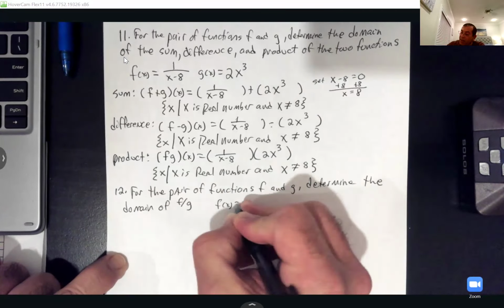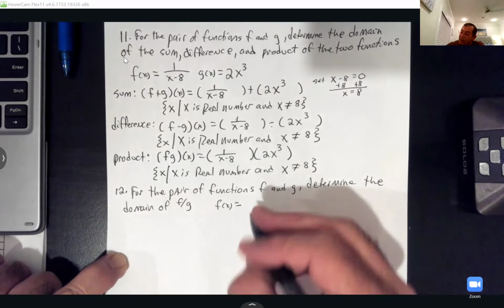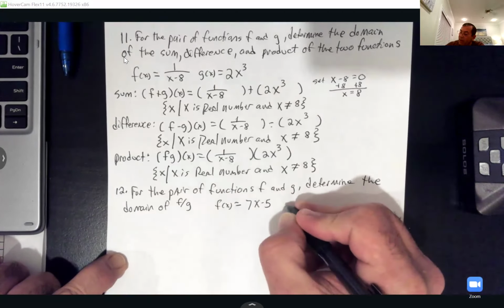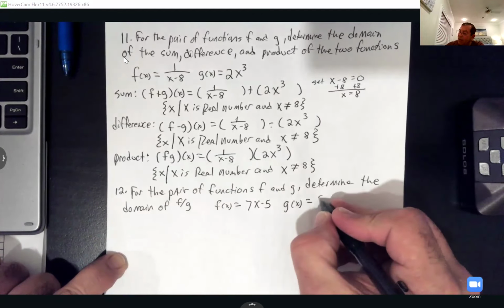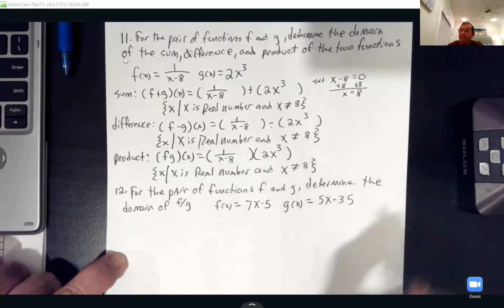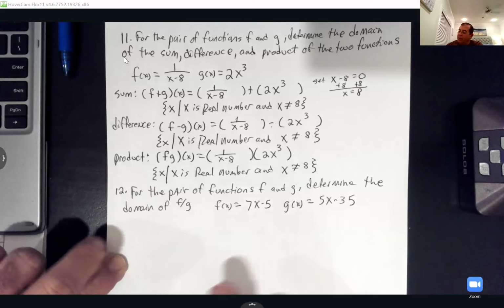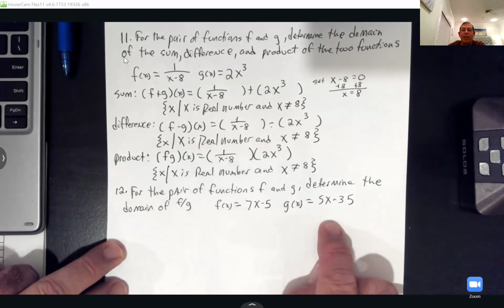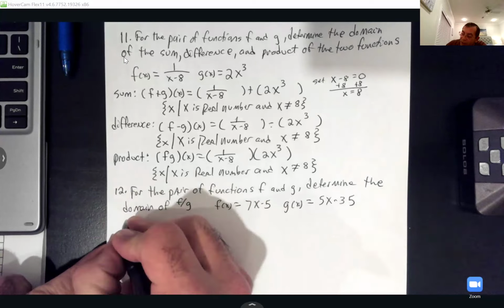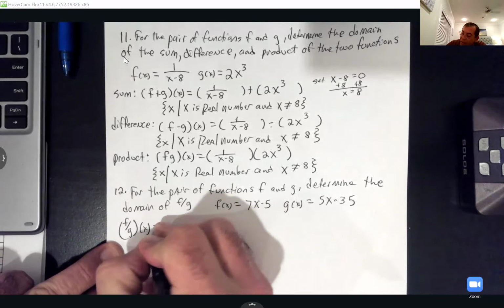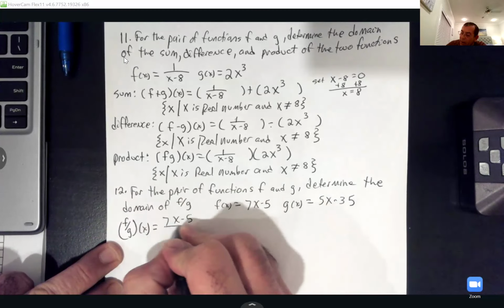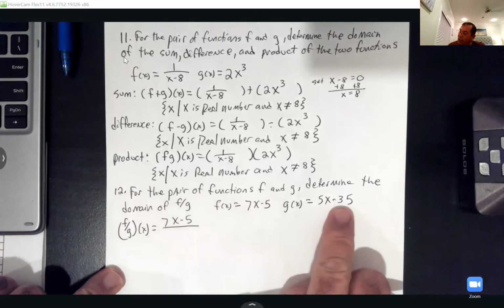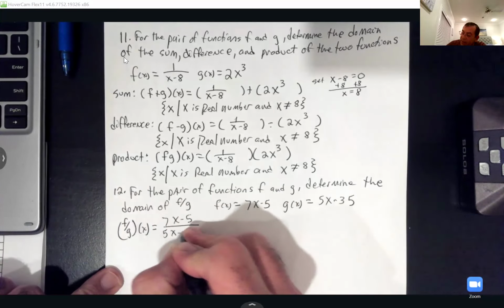F of x, they said, is 7x minus 5. G of x is 5x minus 35. So let me see what kind of expression I'm going to get when I plug in for f and g. So f divided by g of x will equal my f on top, 7x minus 5, over my g, 5x minus 35.